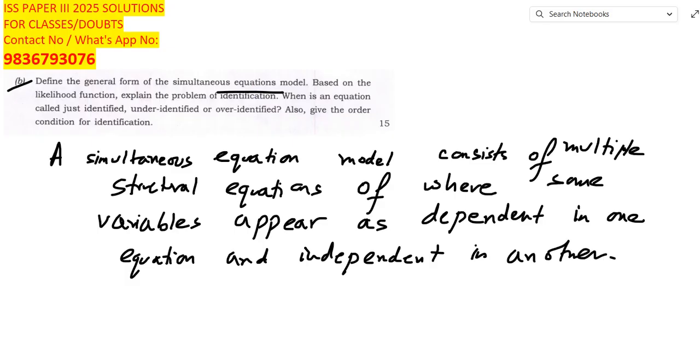So a simultaneous equation model consists of multiple structural equations where the same variables appear as dependent in one and independent in the other.